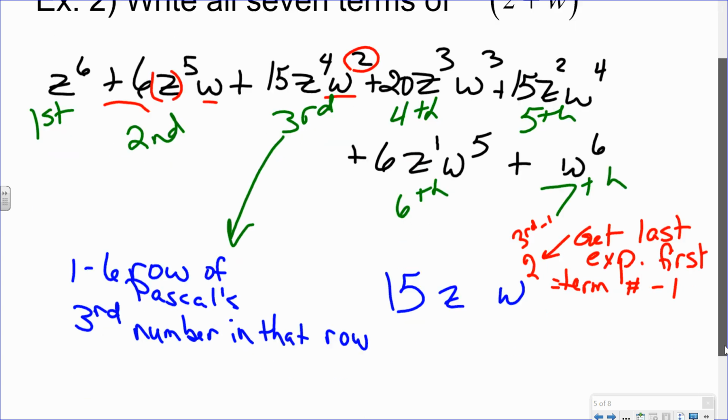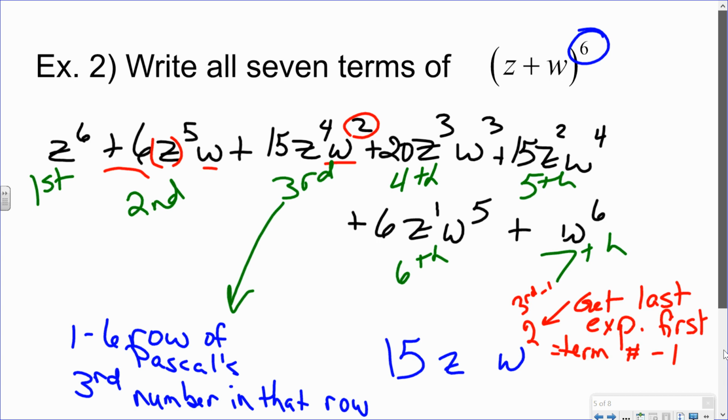To get the final exponent, do you remember our observation about the degree of each term? Hope? The two of them together have to add to the binomial's power.